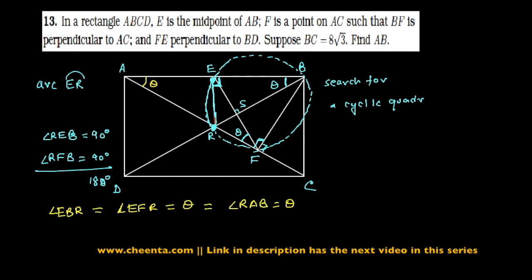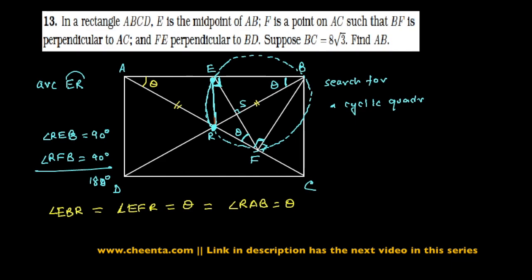Why is this angle theta? Because this particular triangle, ABR, is an isosceles triangle. These two angles are equal, these two sides are equal because diagonals of a rectangle are equal and they bisect each other.